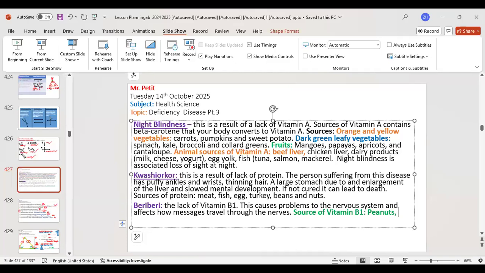We're talking about brown rice because the outer layer has thiamine. White rice is more processed, right? Whole grain bread, oatmeal, our favorite, right?